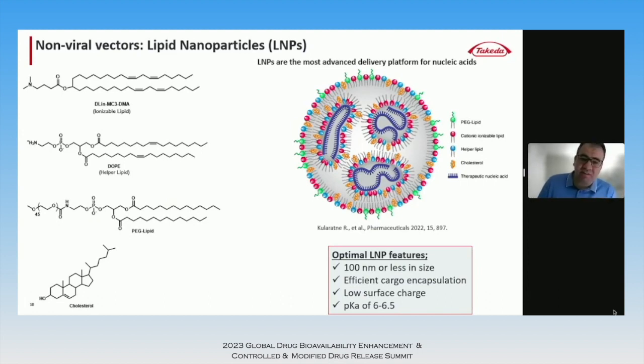We know that we need a really low surface charge, important to avoid the immune recognition and any unwanted side effects. And the pKa of the LNP has been shown to be really important. A pKa around 6 to 6.5 is crucial for efficient endosomal escape, which I will talk about in a minute.